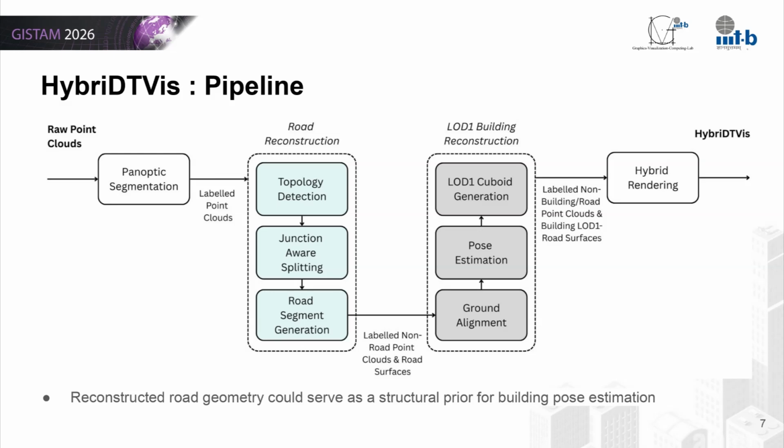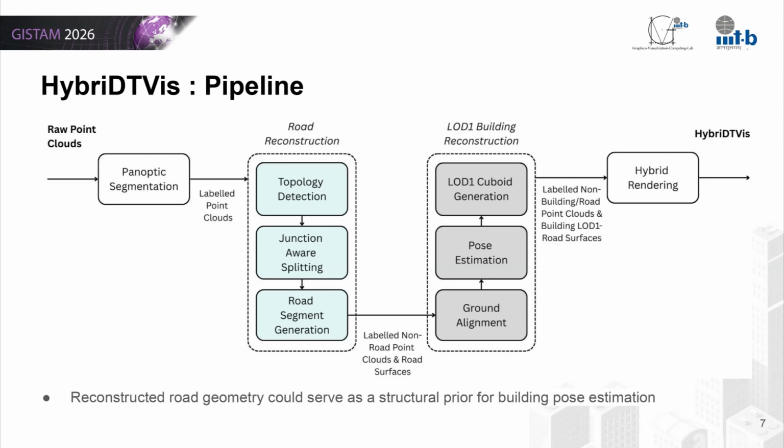Next is the road reconstruction module, which involves topology detection, junction-aware splitting, and road segment generation. Since we don't rely on trajectory or RGB data, we instead adopt a geometry-driven approach where the road network is decomposed into simpler segments, then processed iteratively, then merged to form consistent road surfaces.